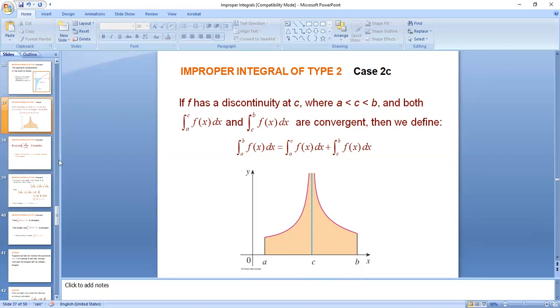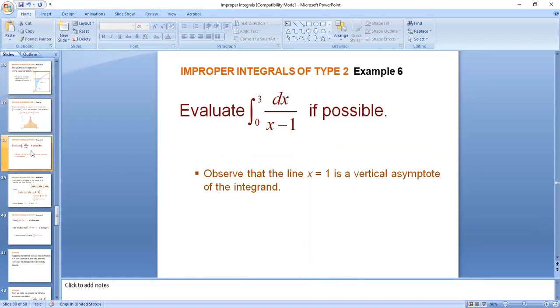Why do I say it's difficult? Because of this. If we have this particular example and you consider this as an ordinary integral, look, I substitute 0 here in the original function. Your original function is 1 over x minus 1. If I substitute 0, the answer would be 1 over negative 1, and the answer is negative 1.